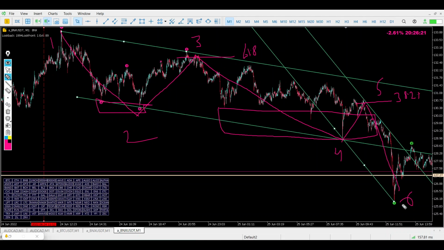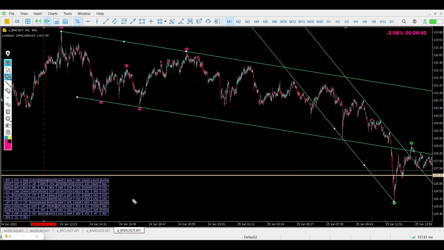After that, this is the sixth wave, which actually extends like 161.8% of this wave. Okay, so this is also a second verification point that the Elliott waves may be completed at this point on the BNX chart.